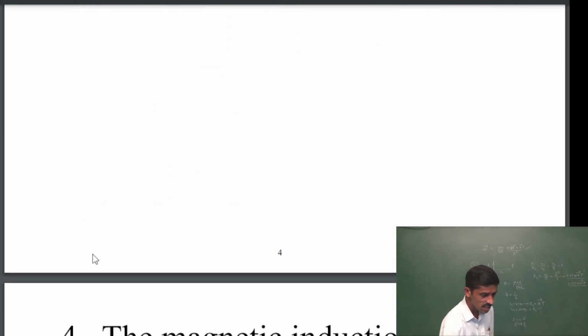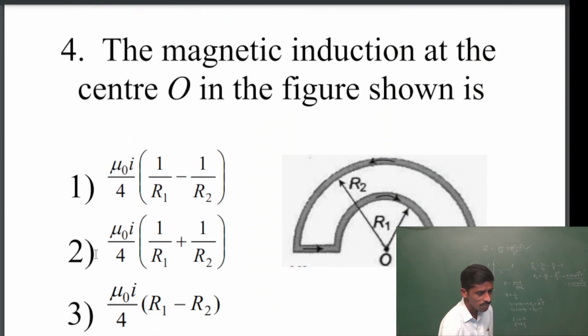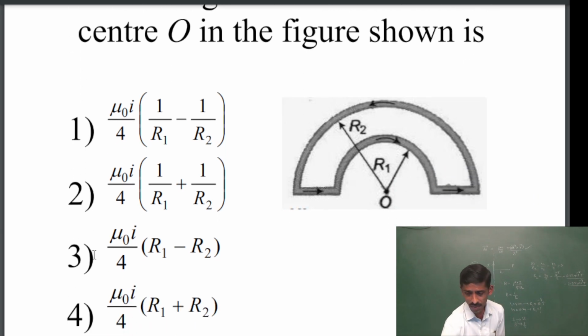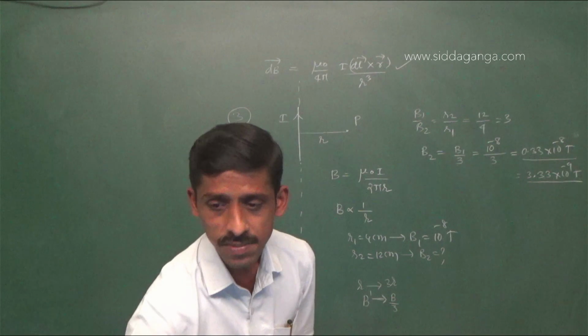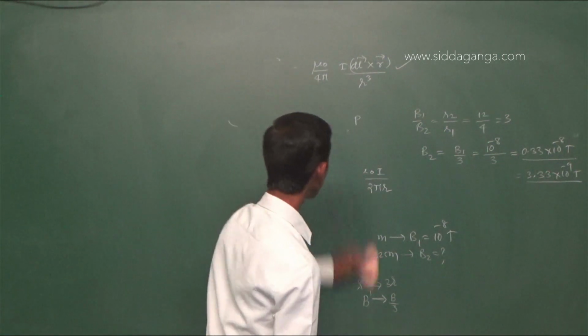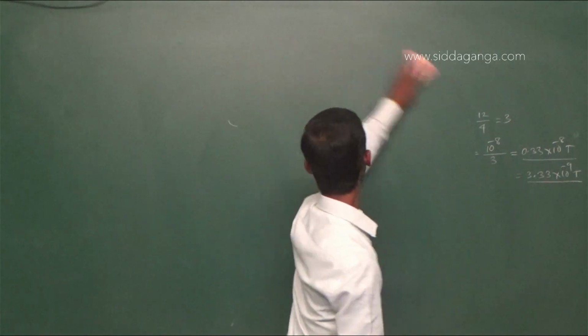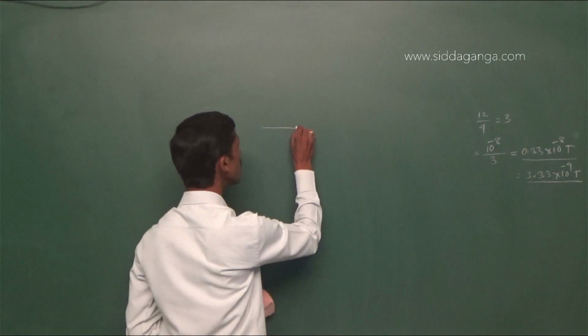So next, question number 4. The magnetic induction at the center O in the figure shown is... If you observe the figure clearly, the given configuration is like this.